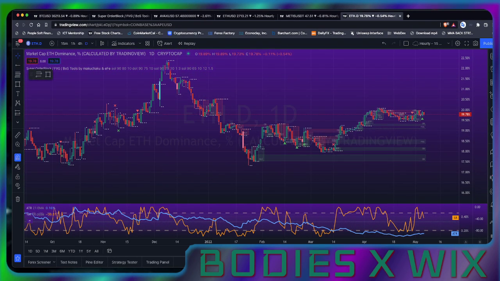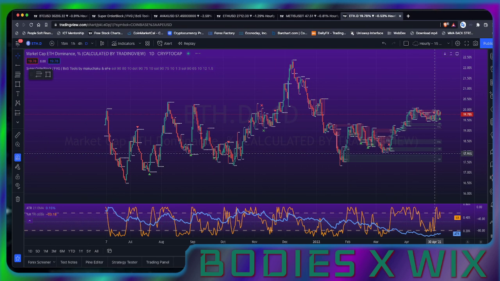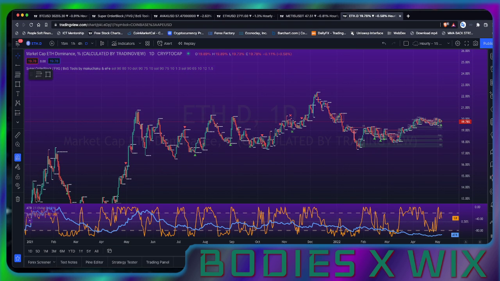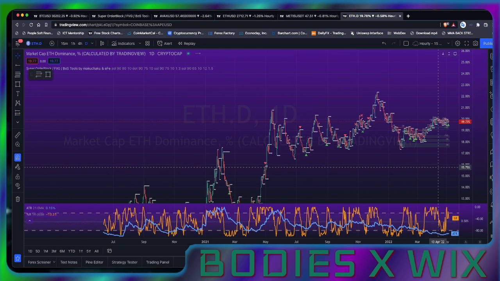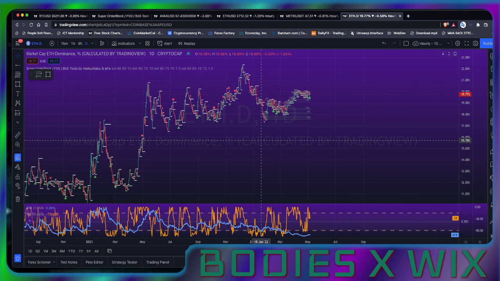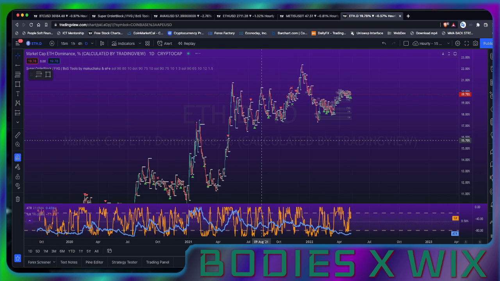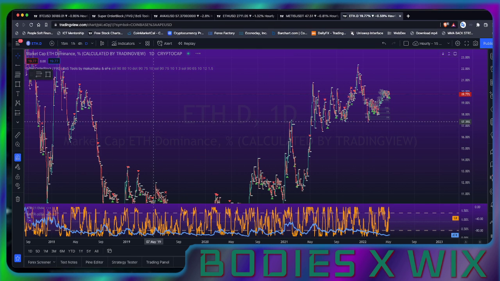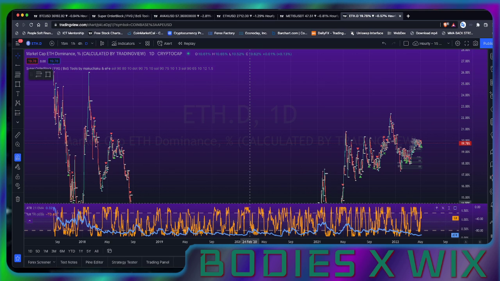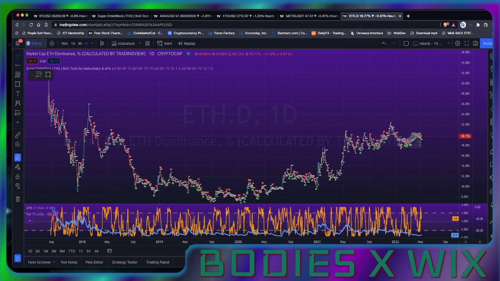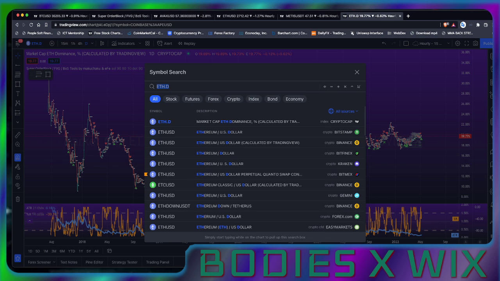So even though it looks like it's going down, ETH's dominance is picking up quite a bit. That's interesting. So much to the point that it's... Well, it looks like it had been higher before, but still, now it's picking back up again. That's quite the feat. Let's see how DOT is doing.